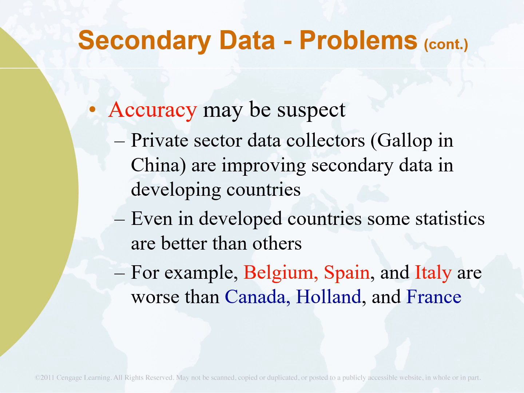Private sector data collectors like Gallup poll in China are improving secondary data in developing countries. Even in developed countries, some statistics are better than others. For example, data from Belgium, Spain, and Italy are worse than that from Canada, Holland, and France.